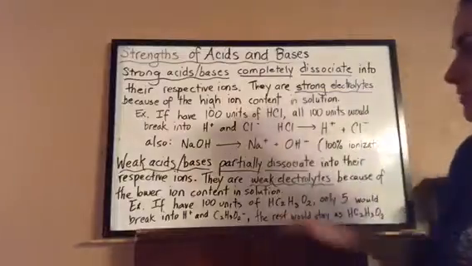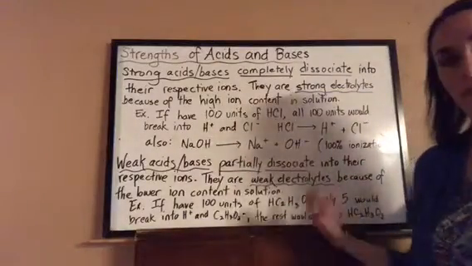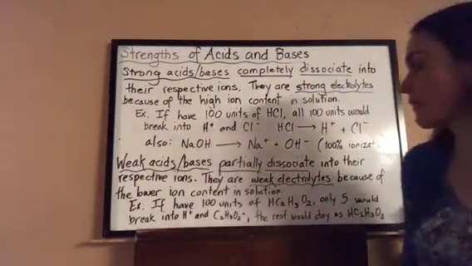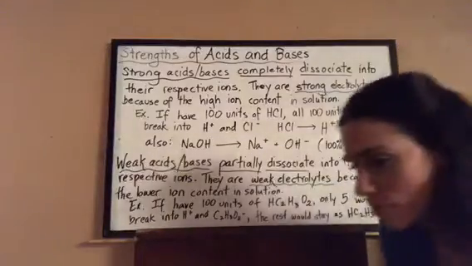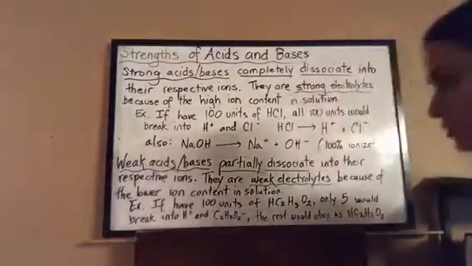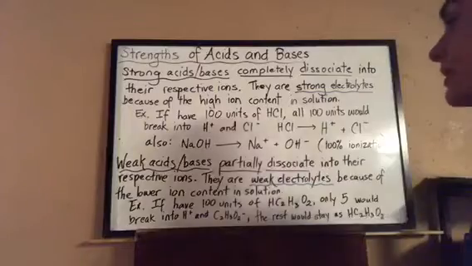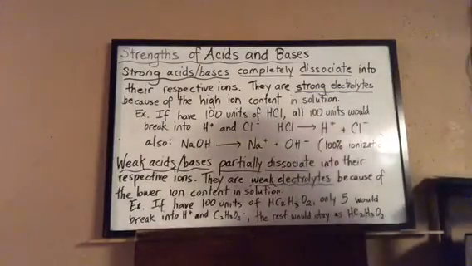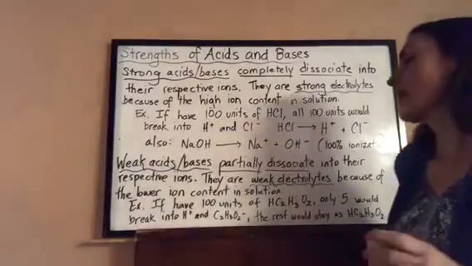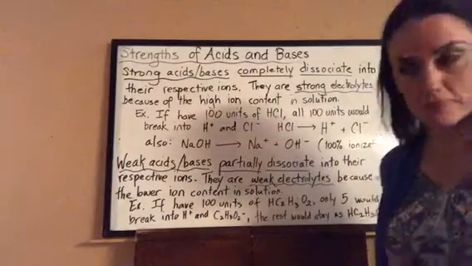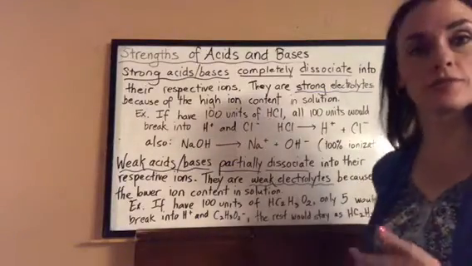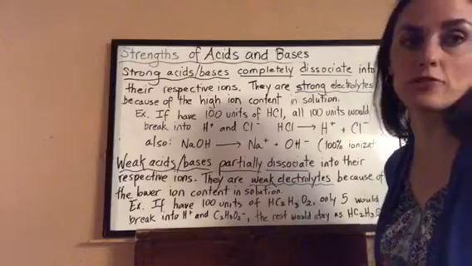Let's go down and talk about weak acids and weak bases. The picture I had previously up showed an example which would illustrate a weak acid or weak base. You have partial dissociation into their respective ions. Each acid is different in how much it dissociates into its ions. We're not going to worry about that for this course.